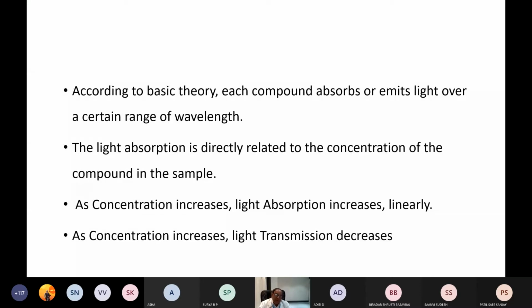When the light gets absorbed, the light coming out of the test tube or the cuvette depends upon how much light is absorbed. So indirectly they are opposite to each other. As the concentration increases, the outcoming or transmitted light decreases. This is the basic thing that you should remember.